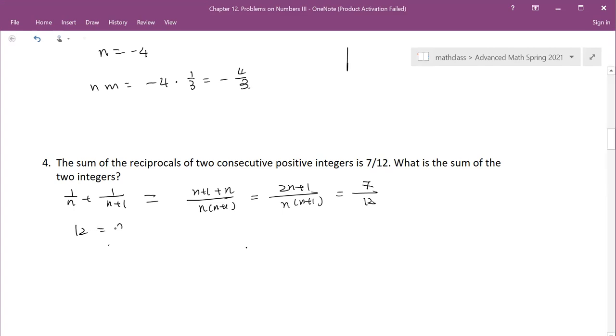Notice that 12 is 3 times 4. So you can make a guess: n may be equal to 3, and you double check. 2 times 3 plus 1 equals 7. So that is what you can do.